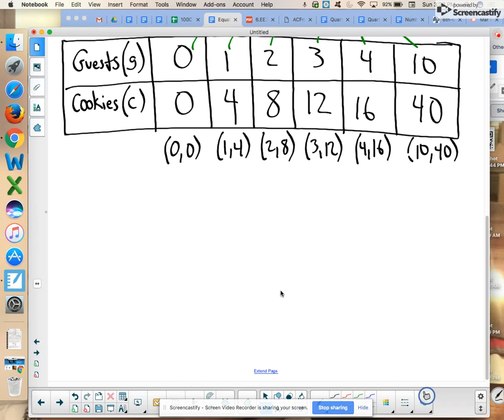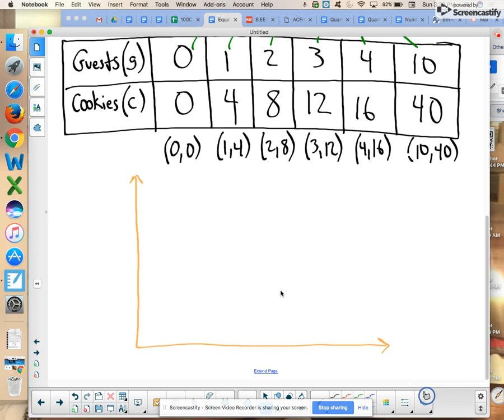So now using these ordered pairs and these values, we're going to create and draw a graph. Because of the context, all of these values are positive values, meaning we're only going to be working in quadrant 1 today. So this is still the same coordinate plane that we've been drawing all year, but we're just going to be using quadrant number 1.